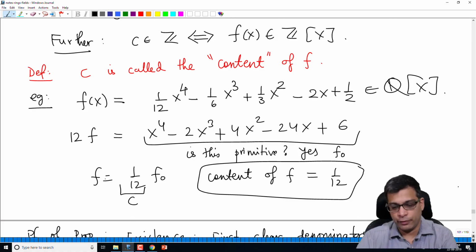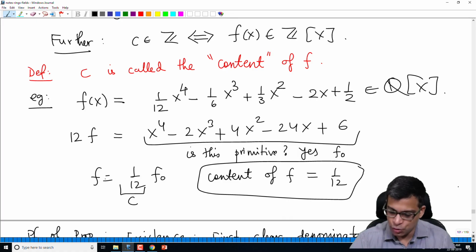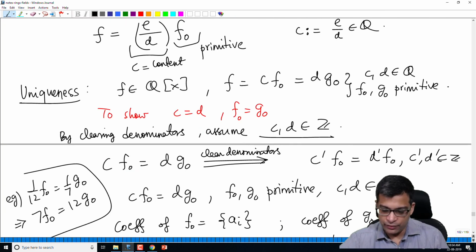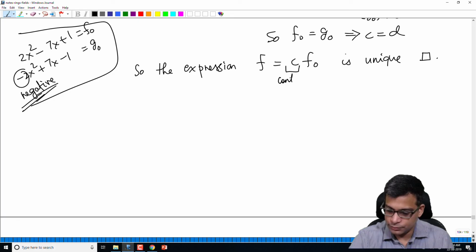In other words, what we have now shown is that there is no other expression. Every time you write it as a rational number times a primitive polynomial, that rational number has to be 1 by 12 and that primitive polynomial has to be this x to the power 4 minus 2x cubed and so on. So in general, every rational polynomial can be written as a product of its content, which is a rational number, and a primitive polynomial.